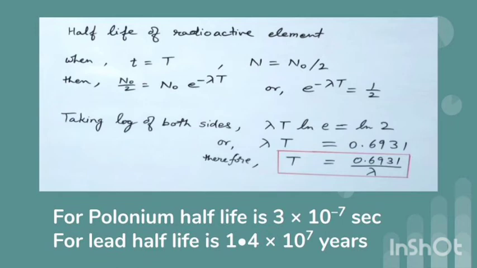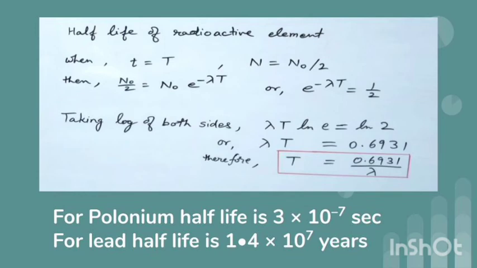Taking log of both sides, lambda T log e is equal to log 2, and that comes out equal to 0.6931. Therefore, T is equal to 0.6931 divided by lambda, which is the half-life of a radioactive element.